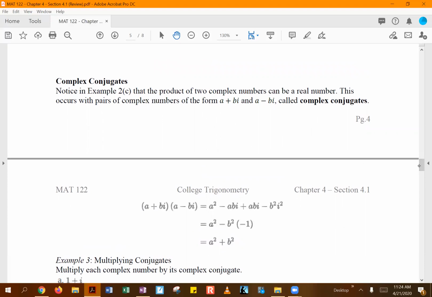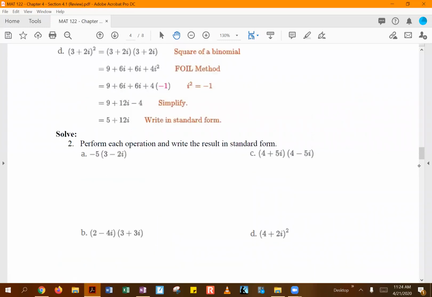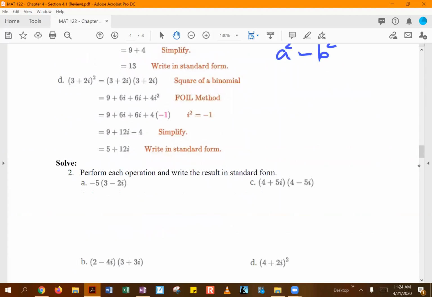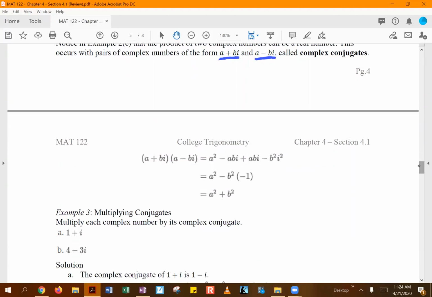Now the quotient, where you're trying to divide these, is where the idea of the complex conjugate comes in. If a plus bi is the original term, then its complex conjugate is a minus bi. This comes from the rule where we multiply regular conjugates and get a squared minus b squared as our product. If you multiply complex conjugates together, because your i squared value becomes negative 1, this product ends up becoming a squared plus b squared.